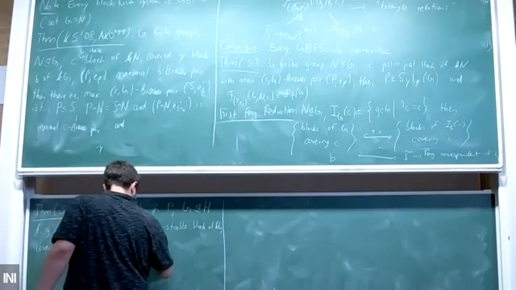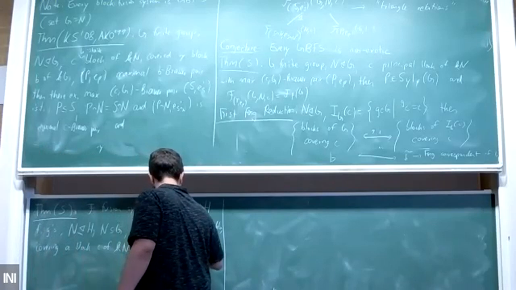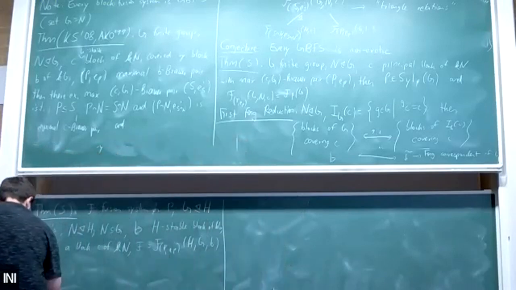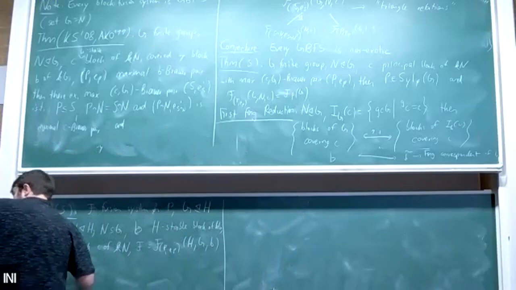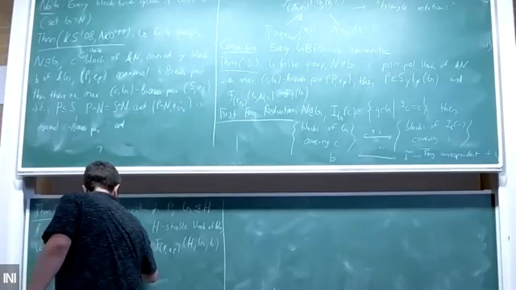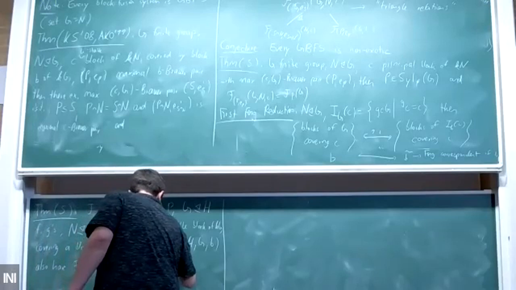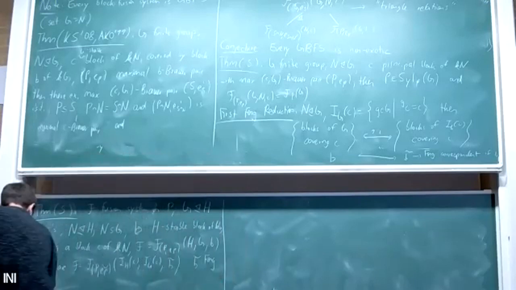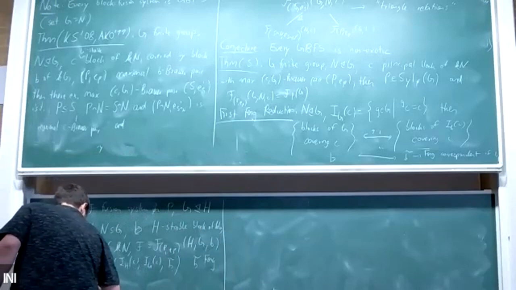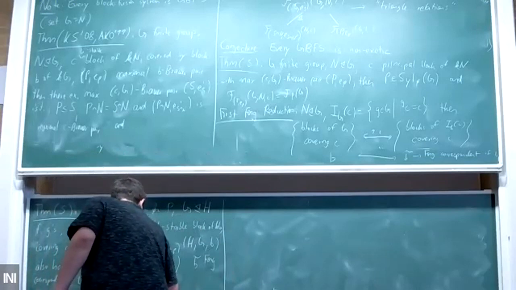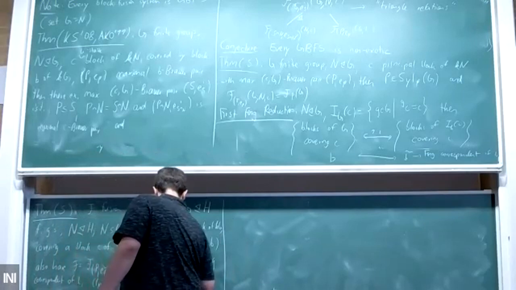And then if we have that F is equal to F_P(E_P, H, G, B), we also have that F is equal to F_P~(E_P~, I_H(C), I_G(C), B tilde), where B tilde is the Fong correspondent of B and P tilde is a maximal (B tilde, I_H(B)) Brauer pair.